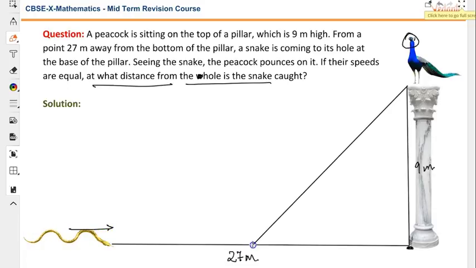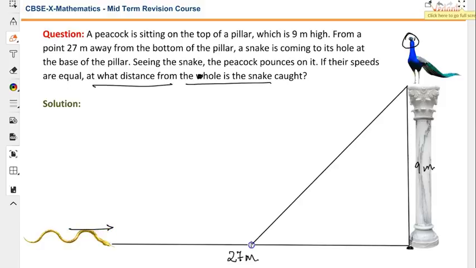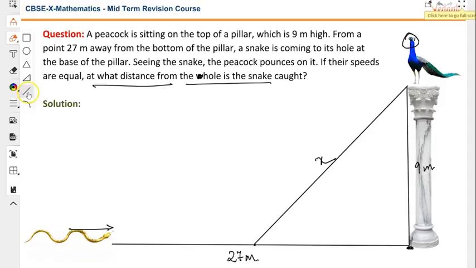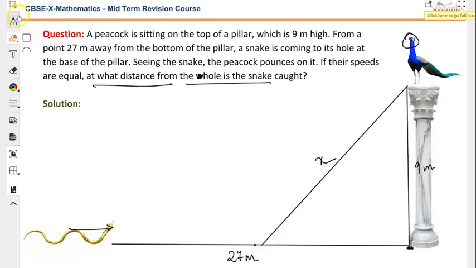Since they are starting at the same time, what do you think this distance should be?